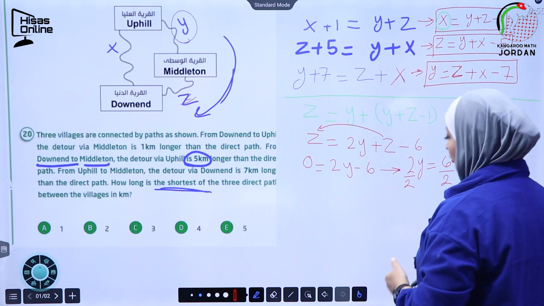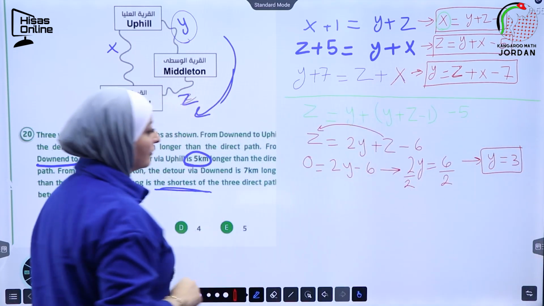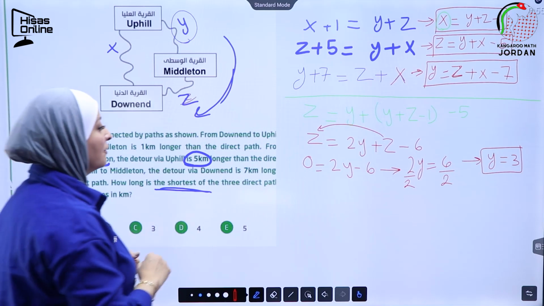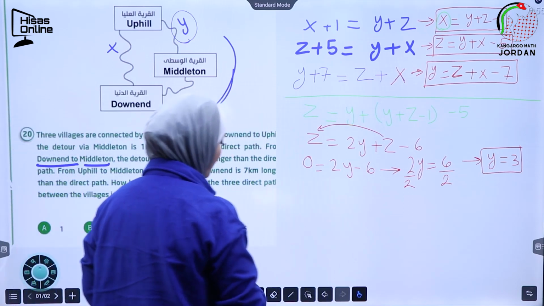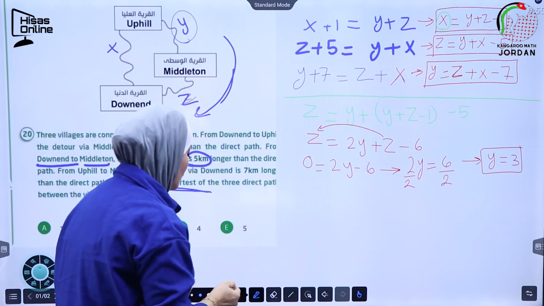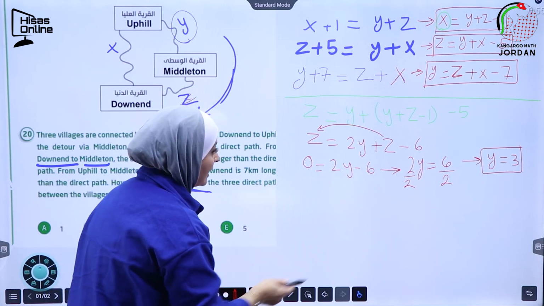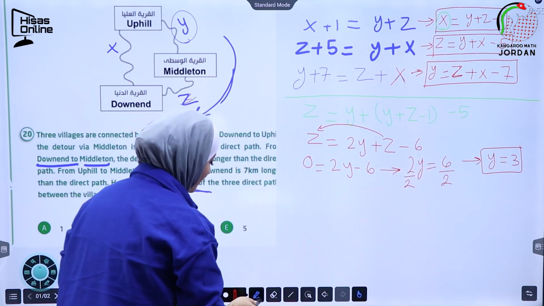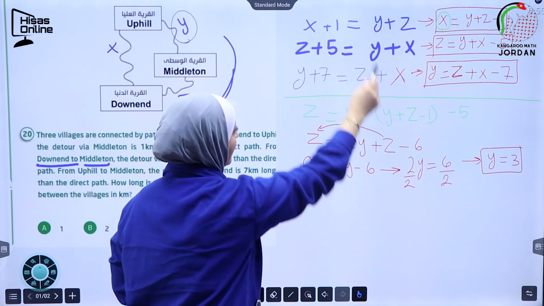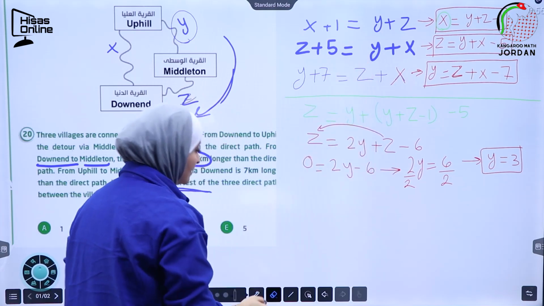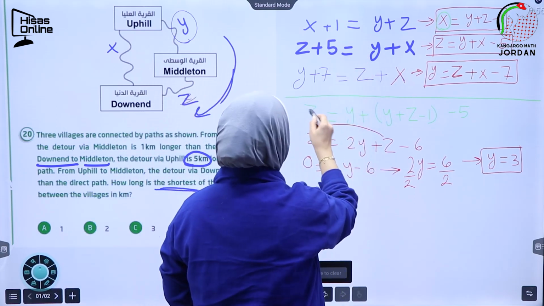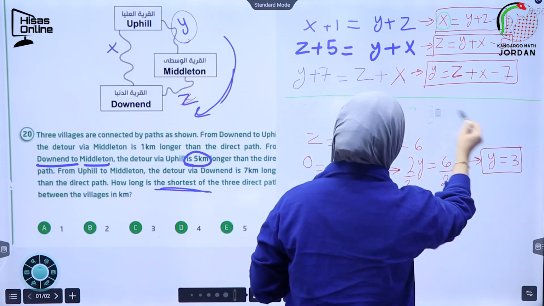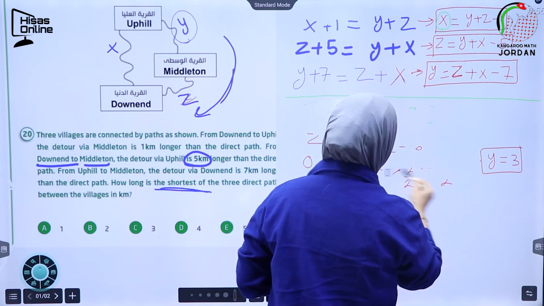So this is my first part, Y equals 3. Good job. So I found the first distance between them. Let's keep what we got here, Y equals 3.